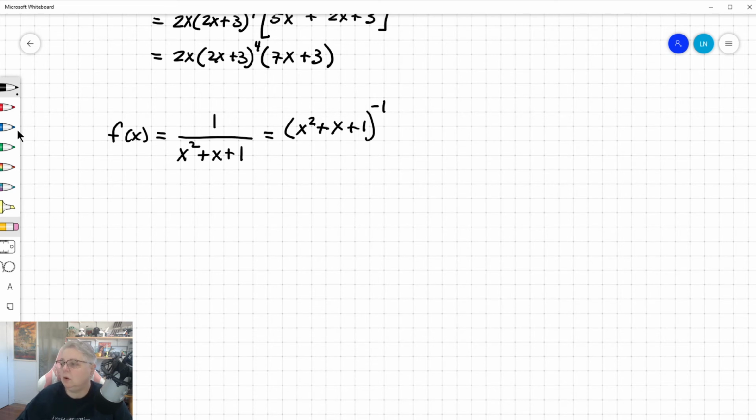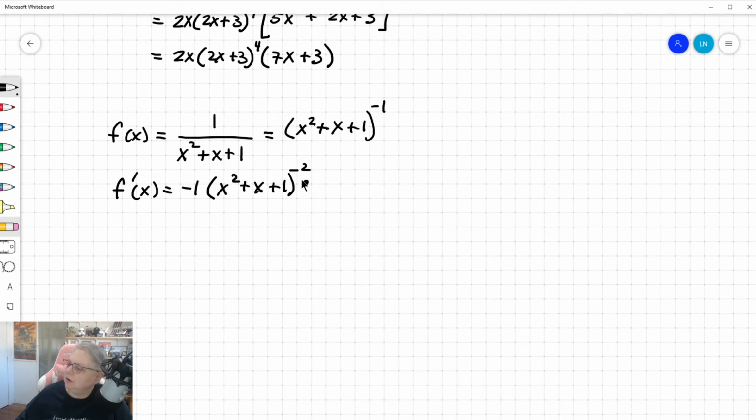So take the derivative of f. This is now a general power rule, so I can bring the power in front times what's inside to the power minus 1, which makes that minus 2, times the derivative of the inside.